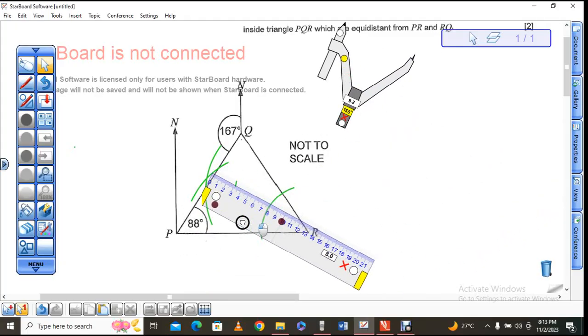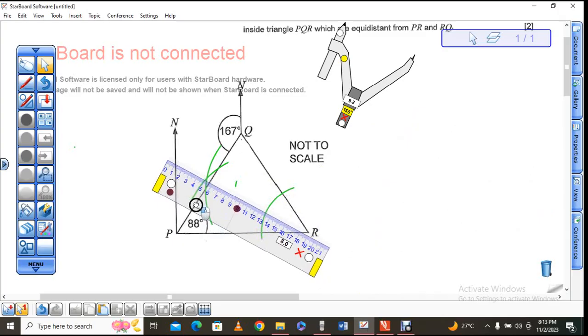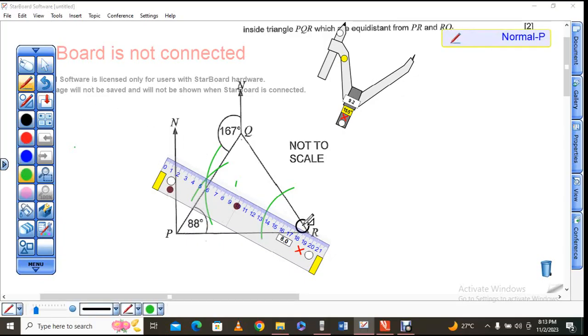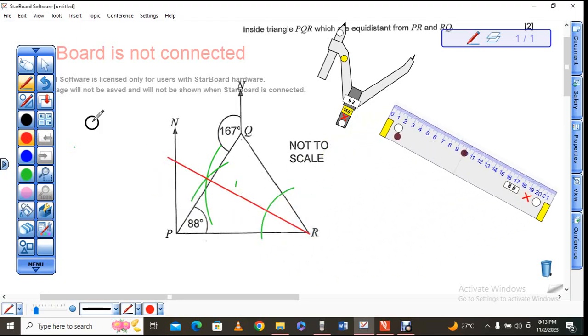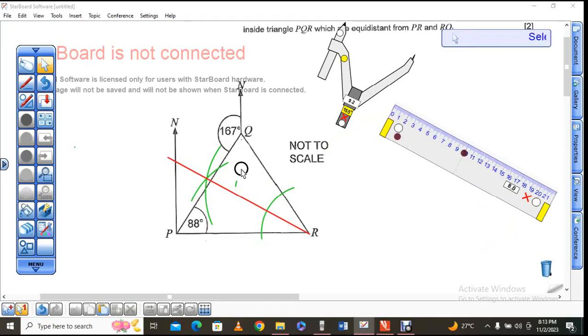So now I'm going to take my ruler where that line meets the center and there, and draw a line, and perhaps let's choose that color. There we go. Can you see that we have our answer now?